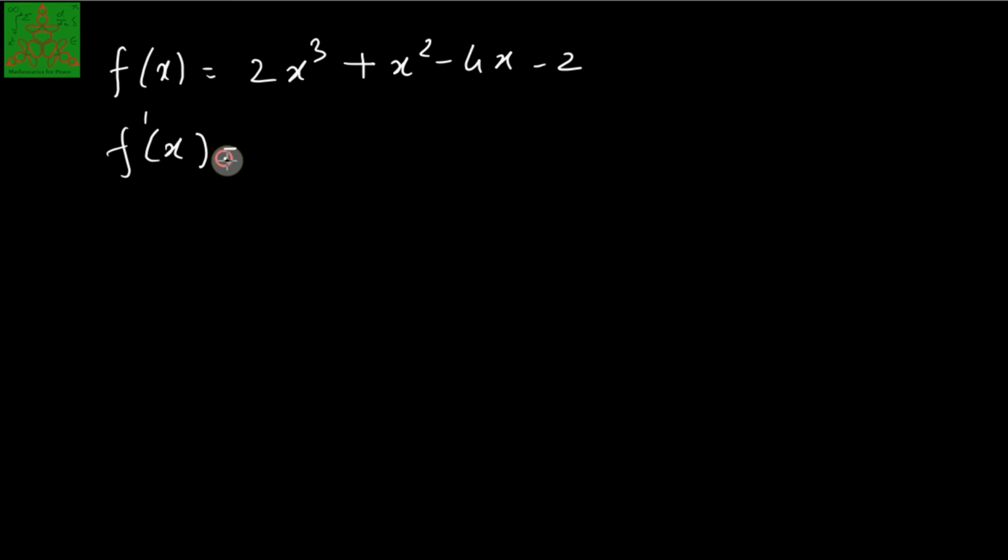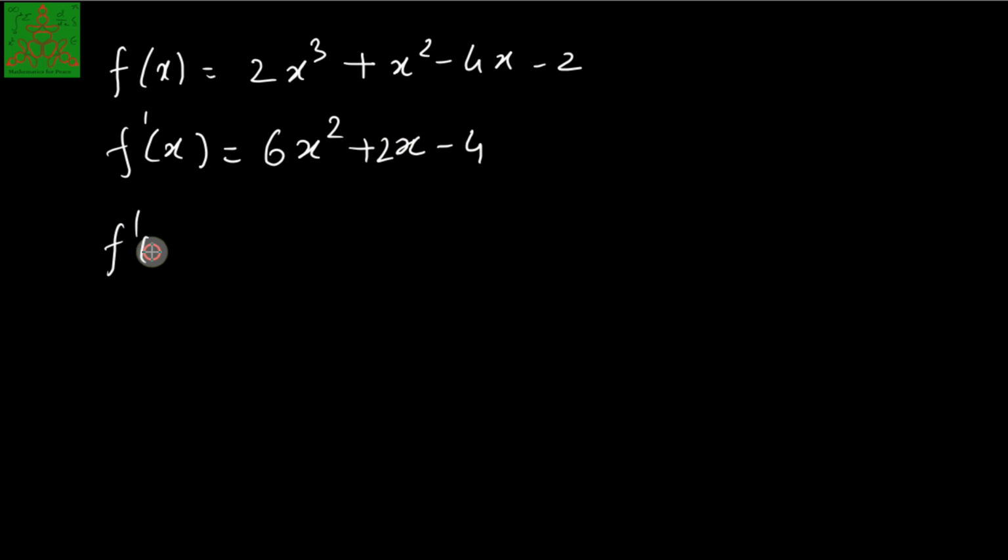So for that, what is f of x we have been given? It is 2x cubed plus x squared minus 4x minus 2. This is the function we have. What is f dash of x? f dash of x is 6x squared plus 2x minus 4.